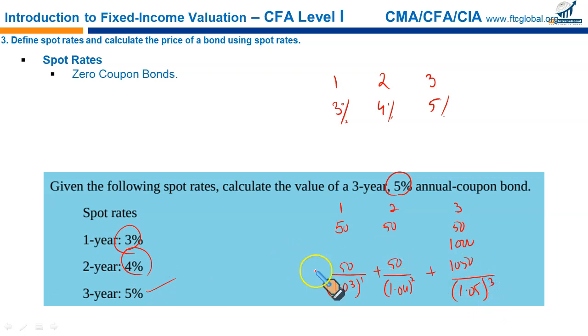If you calculate their present values, it will give you $1001.80. This is the price of the bond.